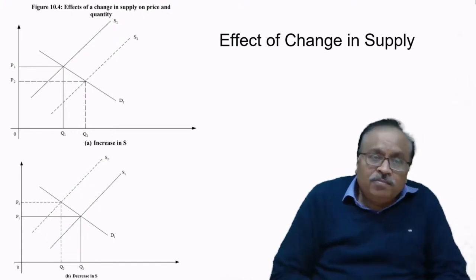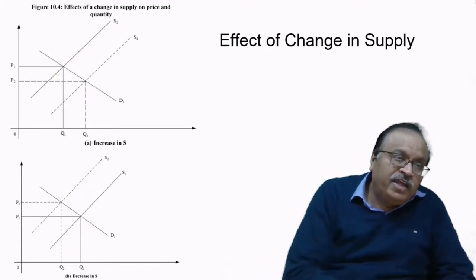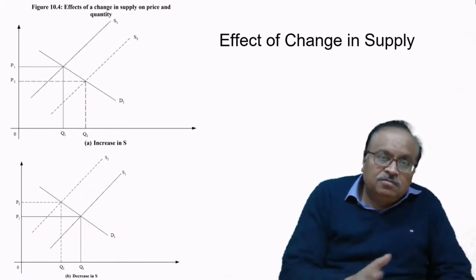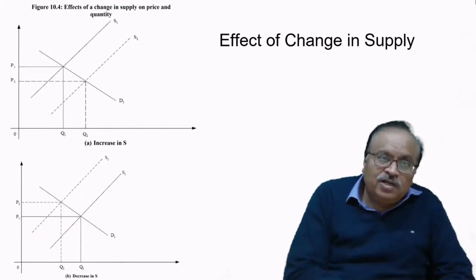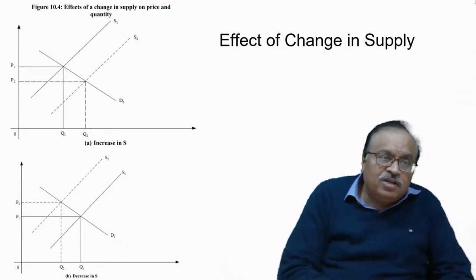Effects of change in supply, same way. The graph is there. On the y-axis is the price, P1, P2, and on the x-axis it is Q1, Q2, that is quantity. The demand line D1 is given.